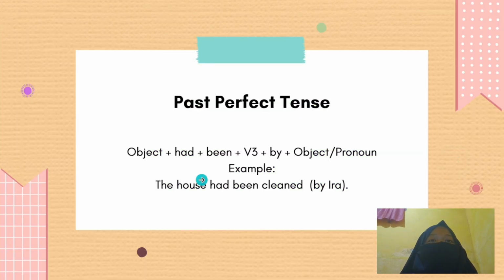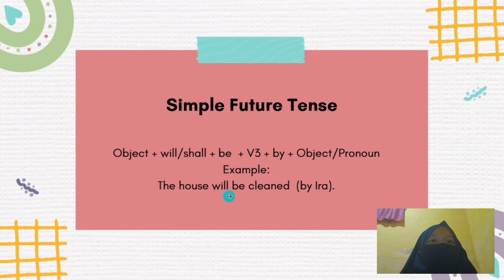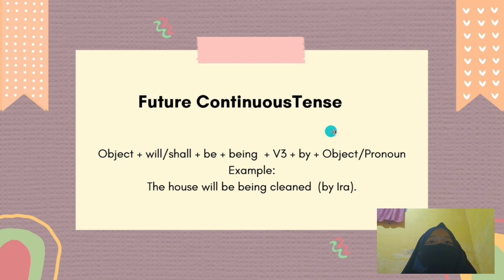Past perfect tense: the house had been cleaned by Ira. Simple future tense: the house will be cleaned by Ira. Future continuous tense: the house will be being cleaned by Ira.